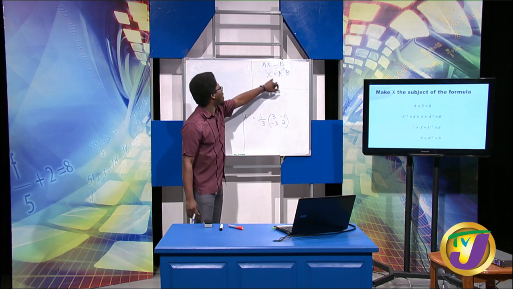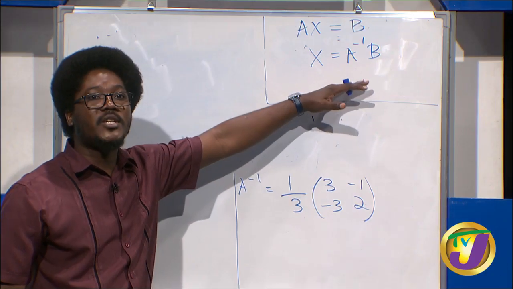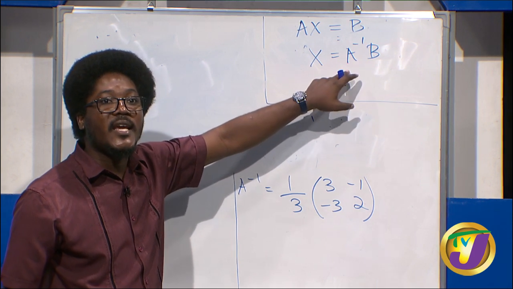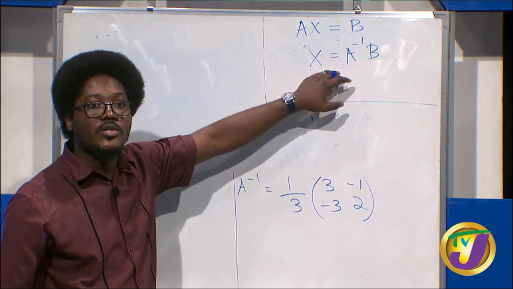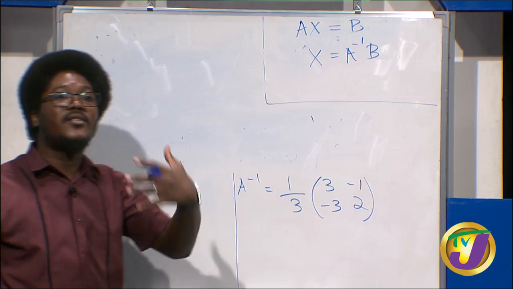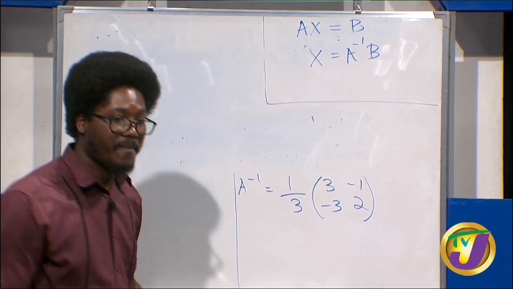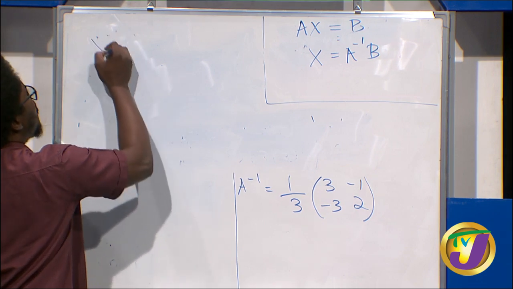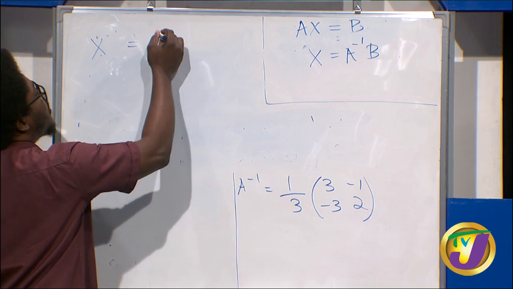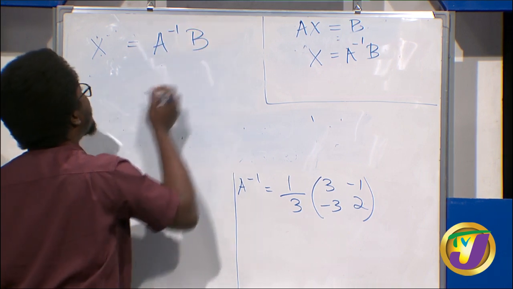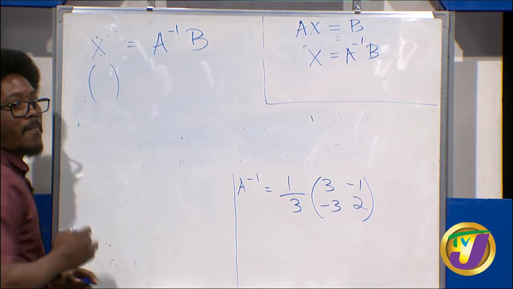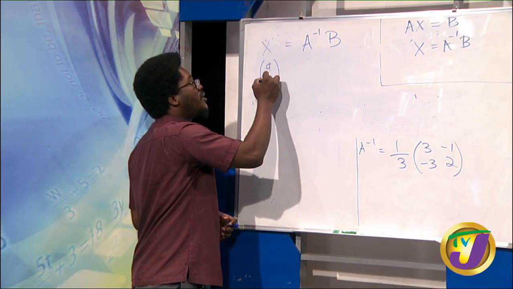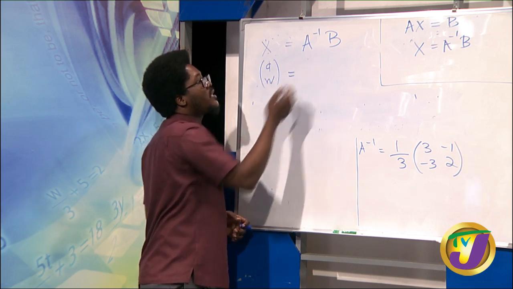All right. So now that we are at this stage that we have our equation set up to find our variables, we can now substitute A inverse into this matrix equation to go ahead and determine what our variables are. So we know that X is equal to A inverse B. We know that the matrix X that we were given before was DW, which was equal to the inverse.